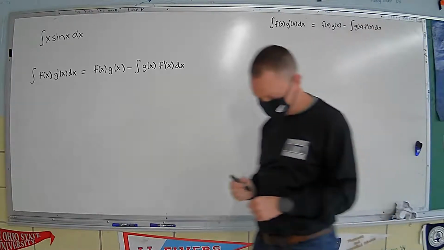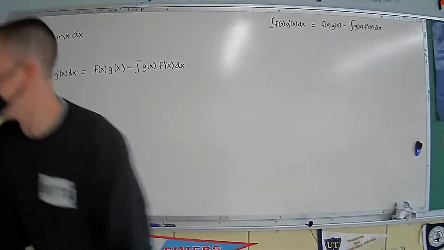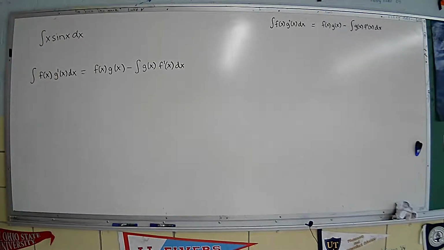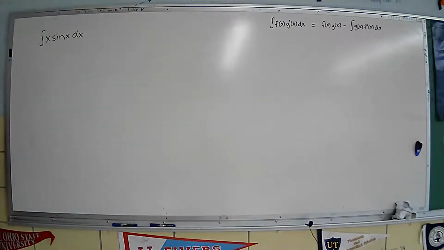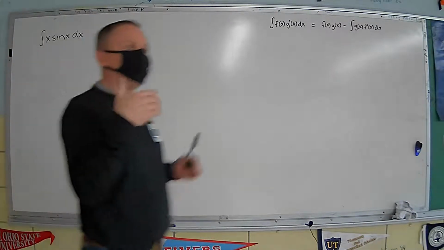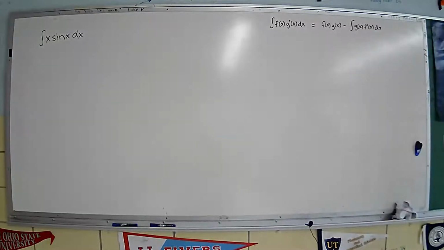Okay? All right, here we go. So what we're going to do is when we have an antiderivative of a product where we can't do a substitution, because we already established why we can't do a substitution yesterday, right?